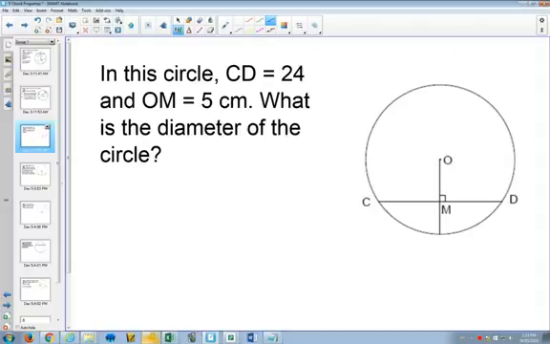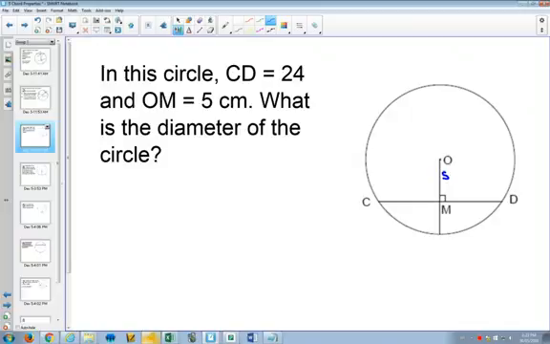So here's a circle, and they're telling us from C to D is 24, and from O to M is 5. So I can put a 5 right there. And they also show us that there's a 90-degree angle between OM and CD.